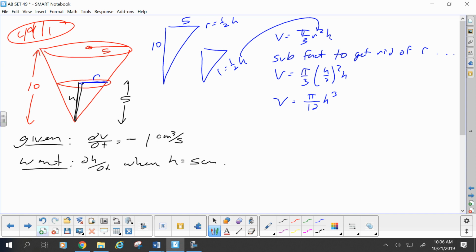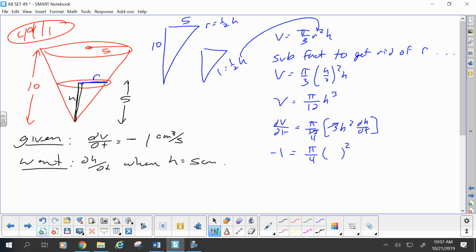So now what do I do? You differentiate with respect to t. So dV dt is pi over 12 times, what's the derivative of h cubed with respect to t? 3h squared dh dt. All right, if I plug in, I know dV dt is -1. I'm going to cancel out a 3, so I have pi over 4.